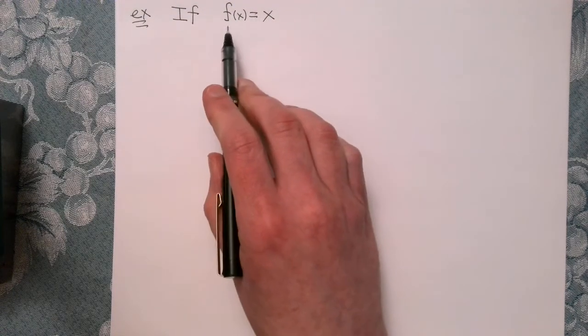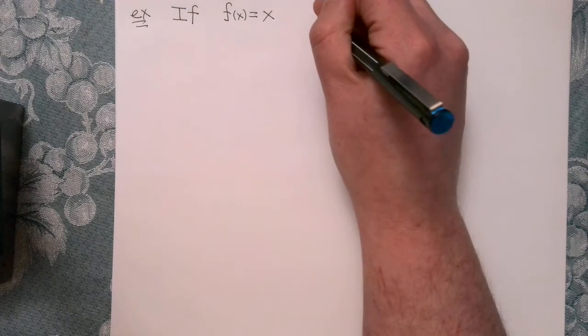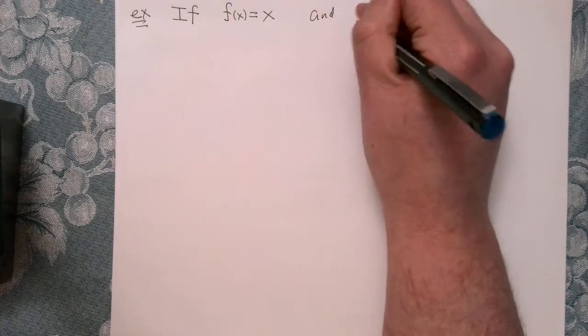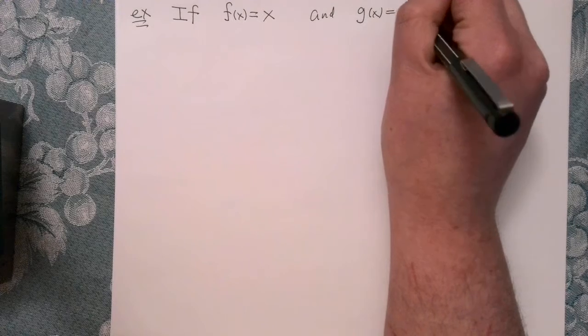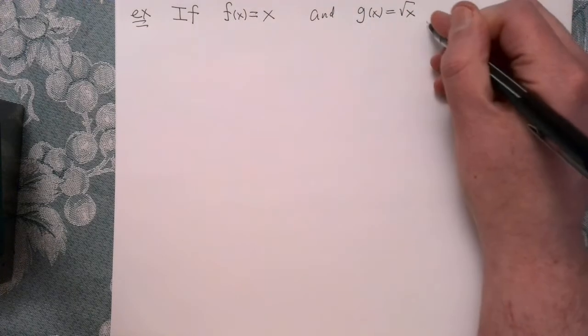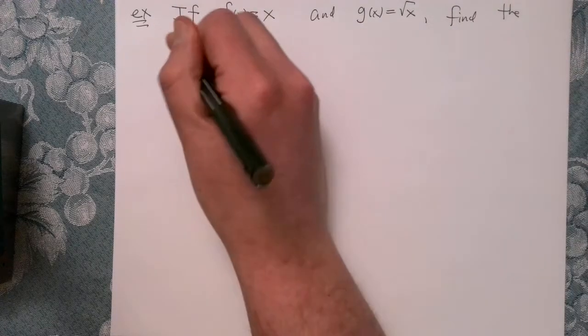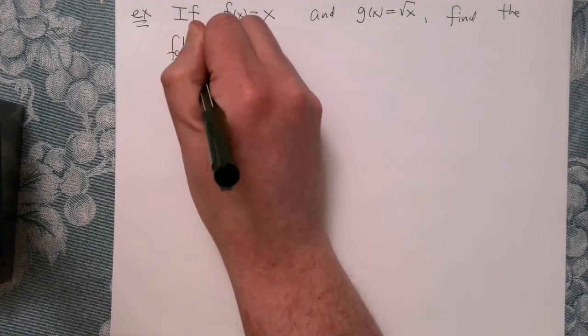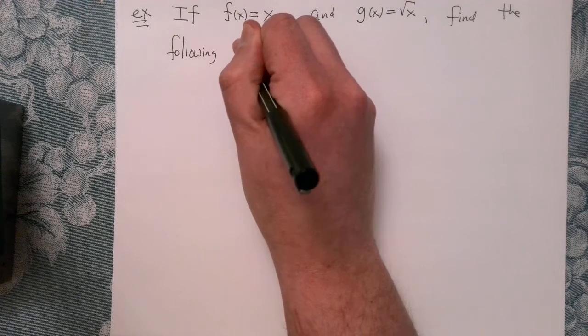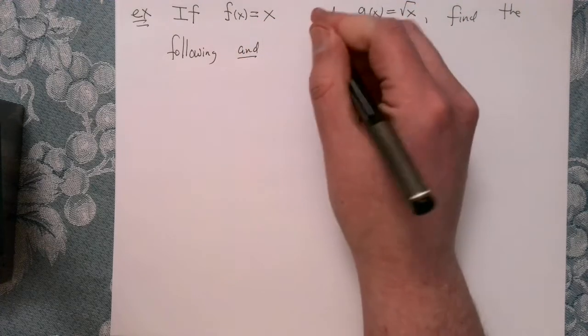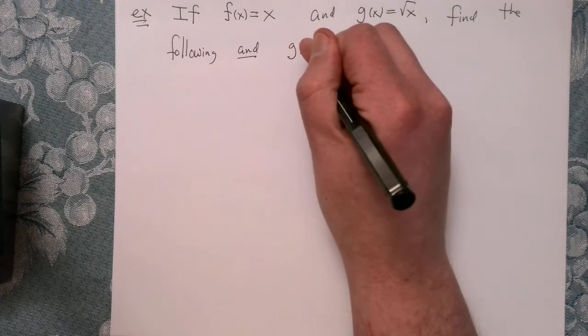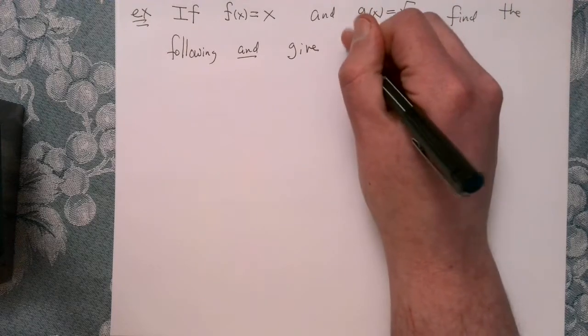Okay, so let's say that f of x is equal to x, and g of x is equal to the square root of x. And let's say we want to find the following. And how about we give the domain as well?